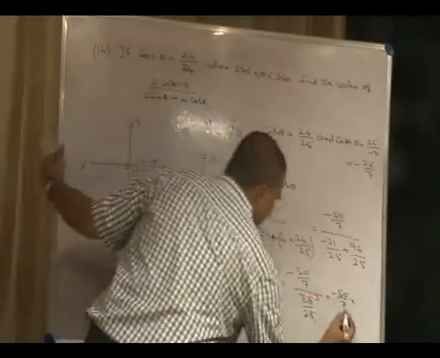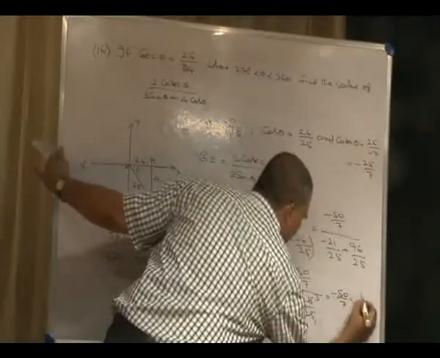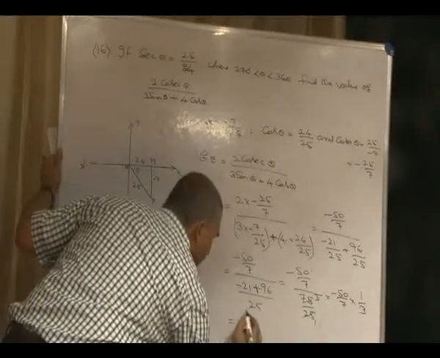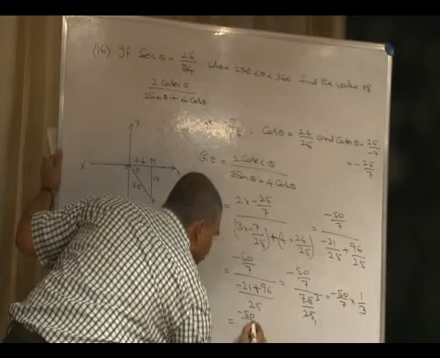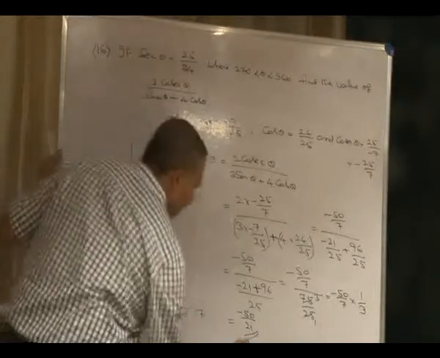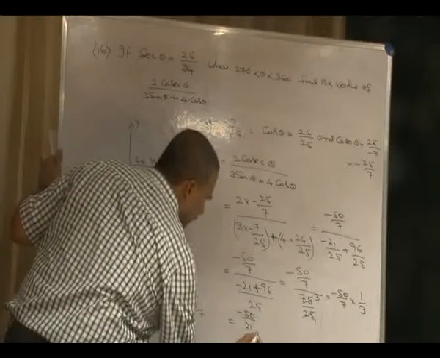When we take the divide sign as a multiplication sign, 1 goes to the numerator: 1 by 3. The value of the given expression is minus 50 by 21. Minus 50 by 21 is the value of the given expression.